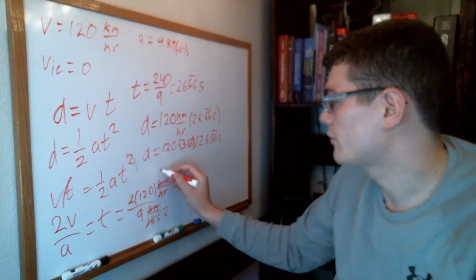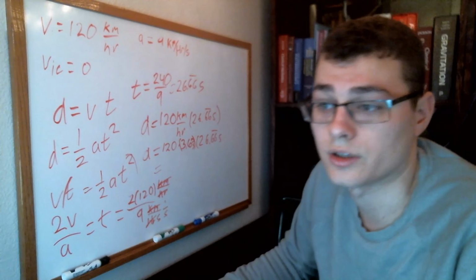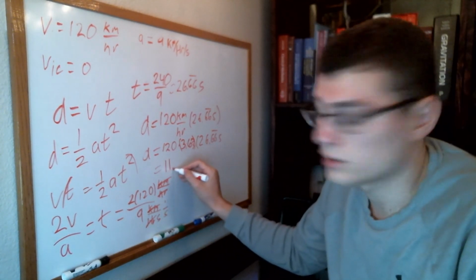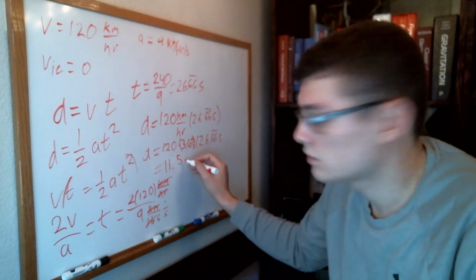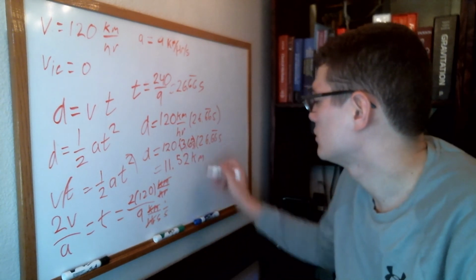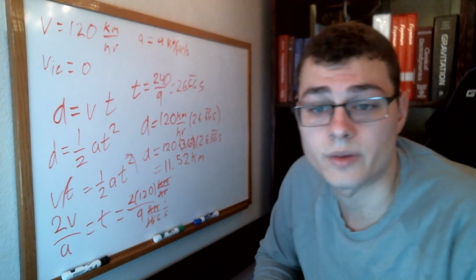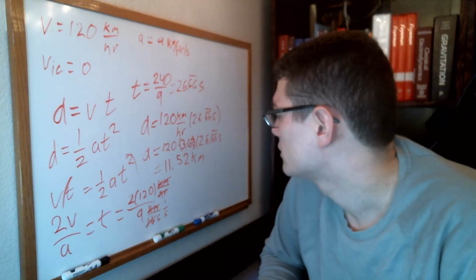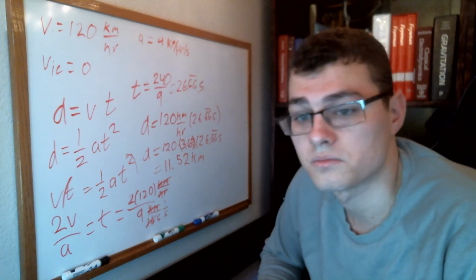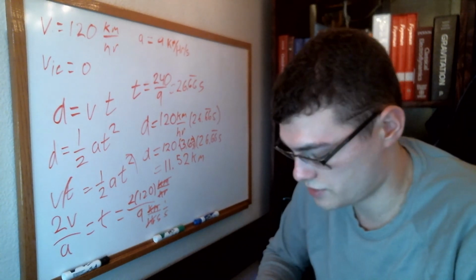And so we have a fairly large answer, so I'm just going to convert it back to kilometers here. So we're going to get 11.52 kilometers. And if you think about it, this is going to be a little over 6 or 7 miles, right around there.